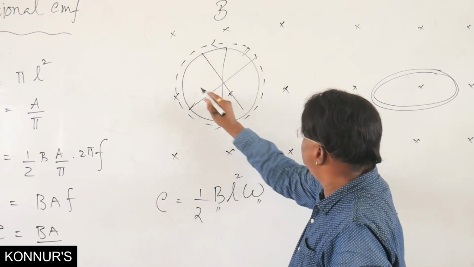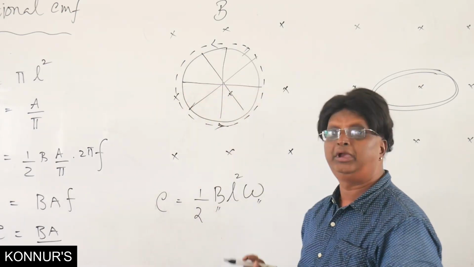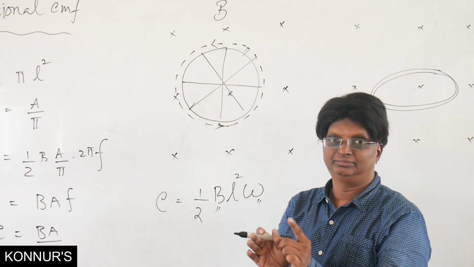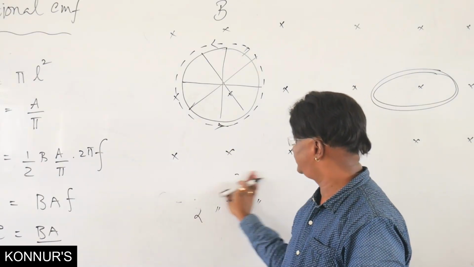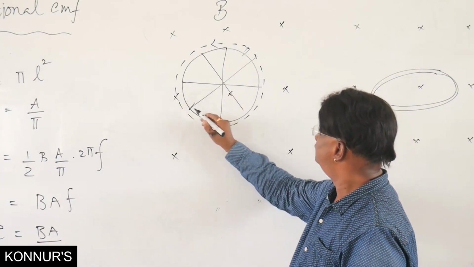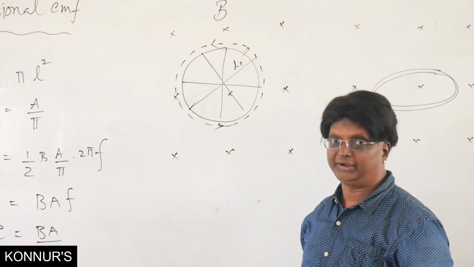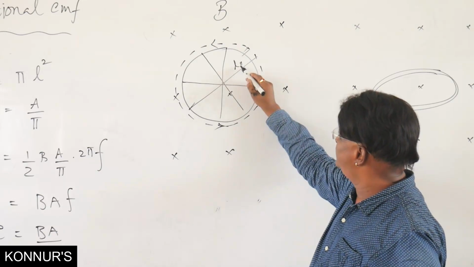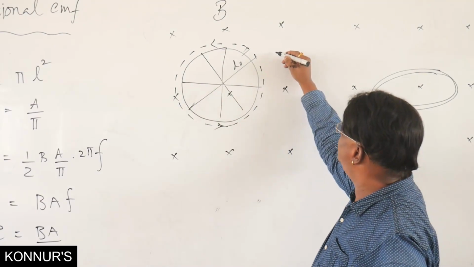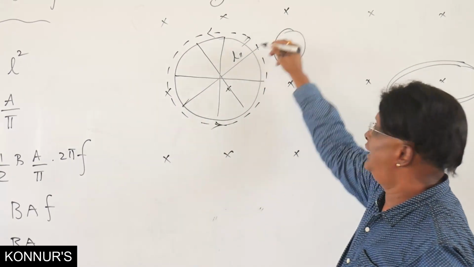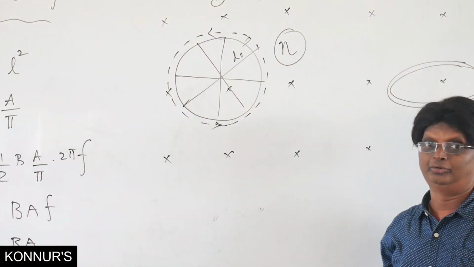A very popular cycle wheel, we know, is made up of a large number of spokes. Now, in such a case, this is a wheel where L is the length of each spoke. The terms you please look for: L is the length of each spoke, and let me take N as the number of spokes.